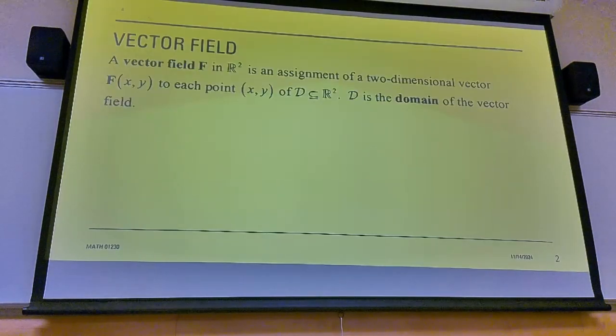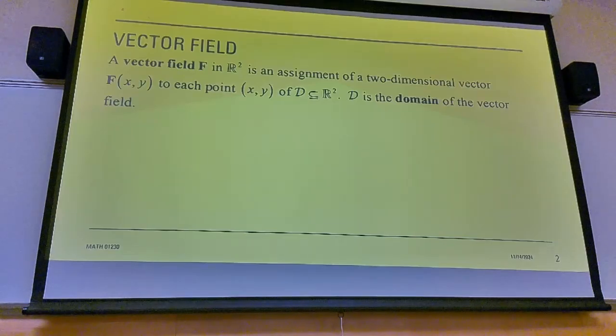We studied two types of fields in particular, the vector field in R2. All right, so what it does is assign. A vector field is an assignment. It assigns a two-dimensional vector to each point.